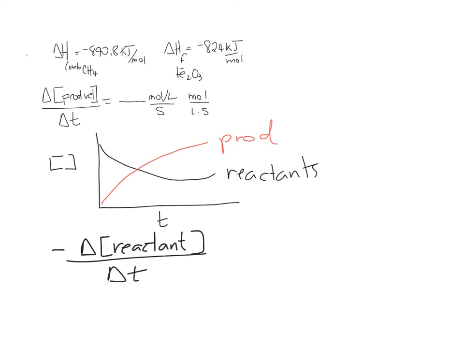So that means when you're figuring out your change in concentration, you will have a negative number, but you have a negative of a negative number, which makes it positive. So your final units will always be a positive number.